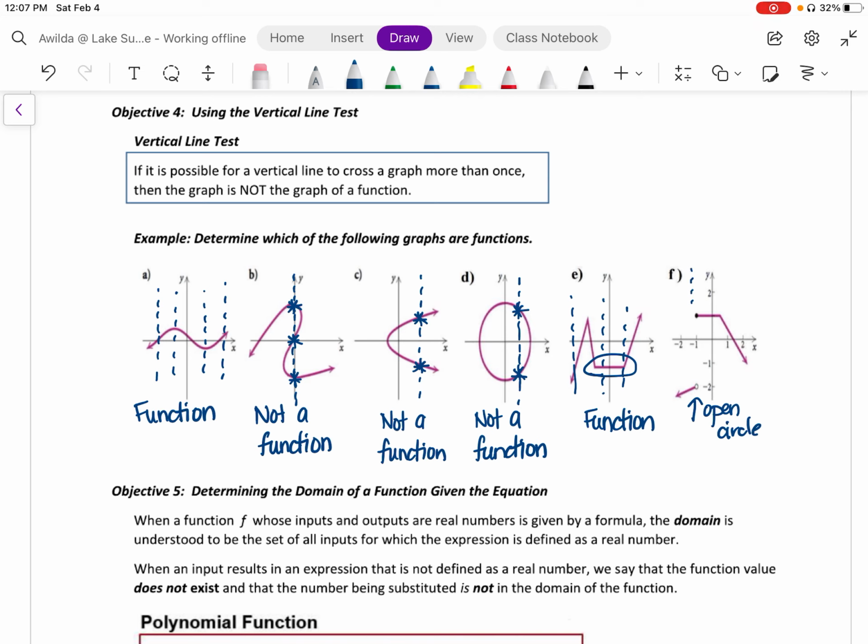So if you're thinking about this vertical line, we're still okay. This point is included, that point is not, and so we do not have points that are vertically aligned. That means that this is also a function. In fact, this is what's called a piecewise function, and we'll explore that later in this course.